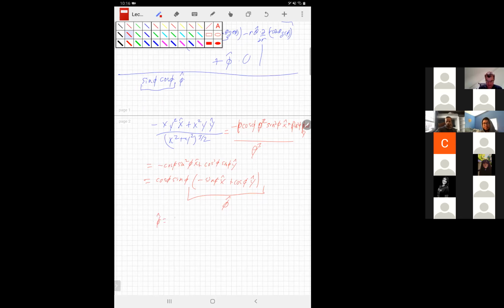Phi hat is minus y x hat plus x y hat over square root of x squared plus y squared. Yeah, that's true. Which is minus rho sine phi x hat plus rho cos phi y hat over rho. Oh, I see. Okay.